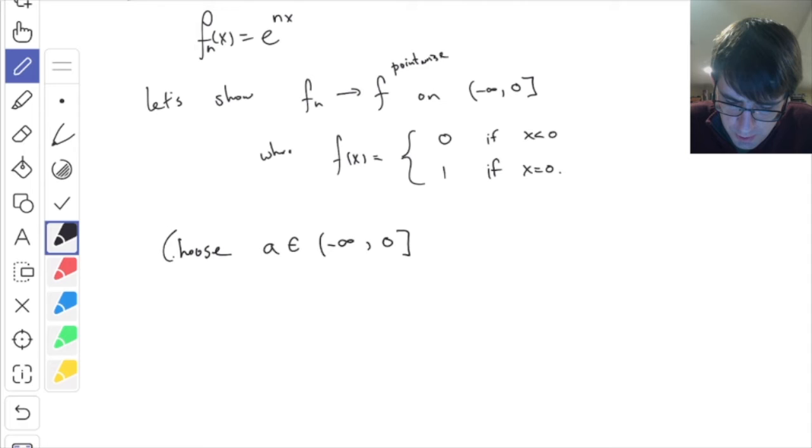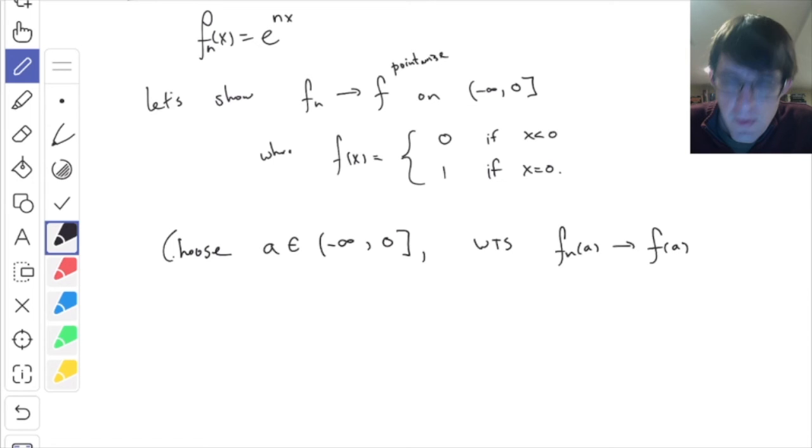Then what I want to show is that Fn of A converges to F of A. This is what we have to demonstrate, and it involves plugging into the formulas for the various F's and checking it out.